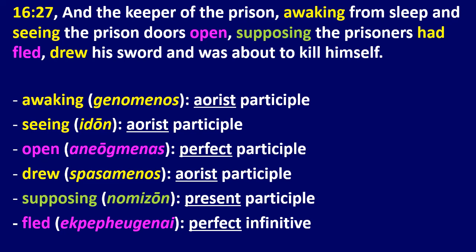But when you read that, if you're reading it in Greek, the idea of an open door and prisoners fleeing really pops out at you. That's the usage of the perfect tense here, in contrast to the more mundane facts that are set forth by the aorist tense usage in the yellow.